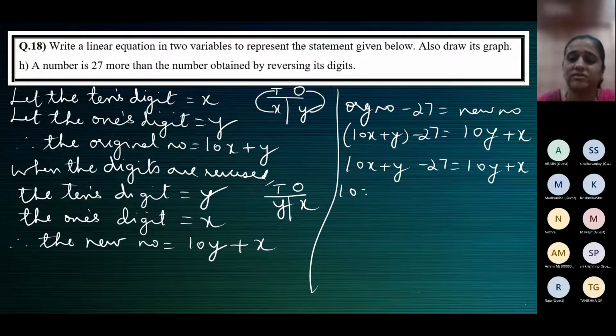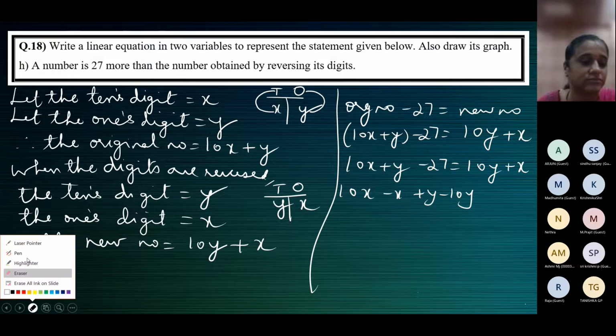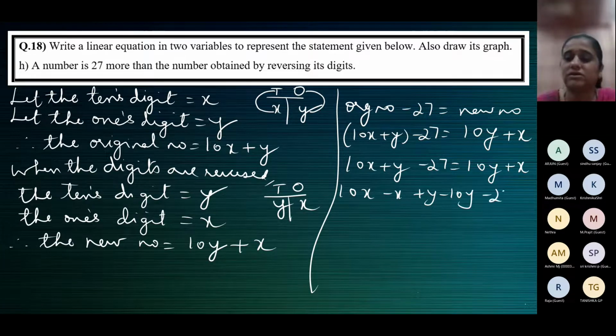Transpose. So 10x minus x plus y minus 10y is equal to 27. Take the x and y terms to the LHS. No, you don't have to shift the 27 also. You can have it on the same side. Minus 27 is equal to 0. Bring 10y and x to the left hand side. So what you get? 9x minus 9y minus 27 is equal to 0.